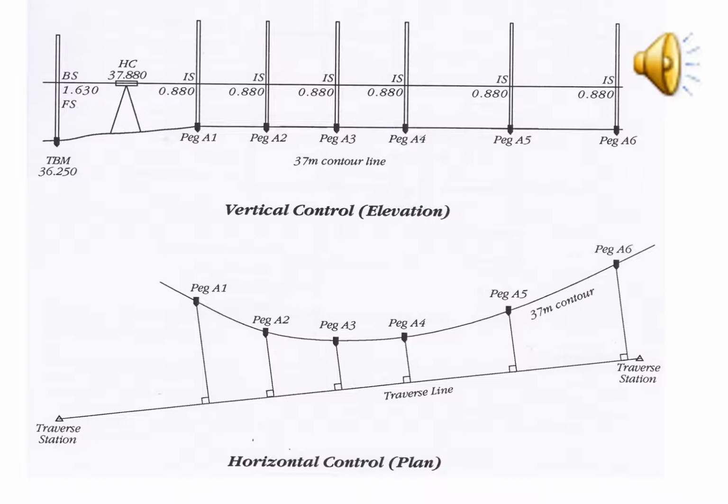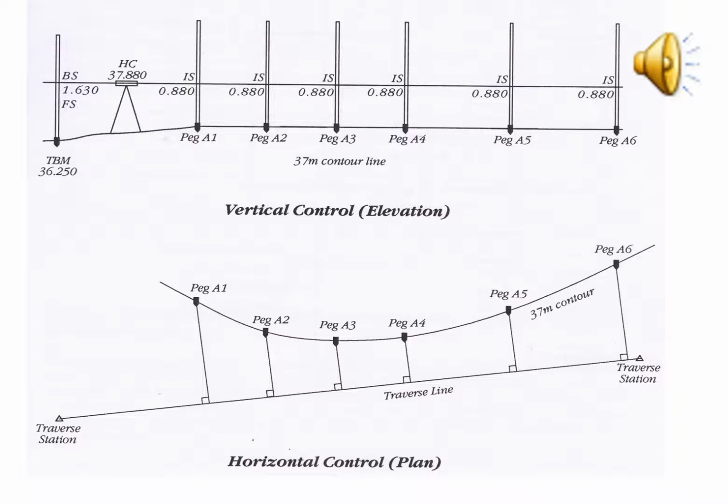Now, on site we have several pegs in the ground that we know sit on the 37 metre contour, but we need to be able to record those to enable us to put them on plan. Similar to what we did on our linear survey or our booking sheets, you set out a traverse line or a baseline between two stations where you know you can plot those on a map, and then you simply book or measure at a right angle the distance along that line and the offset to each peg.